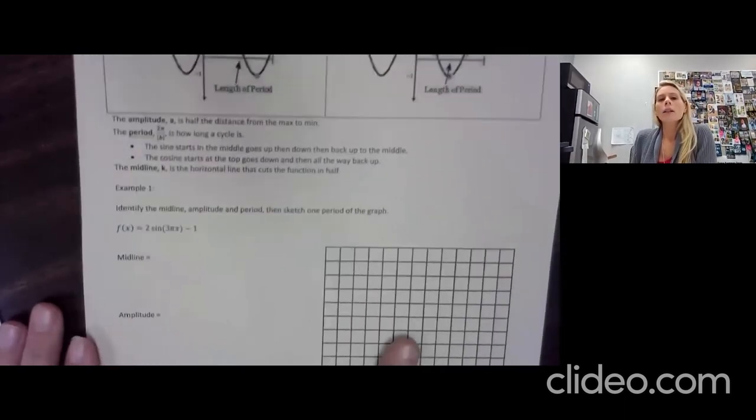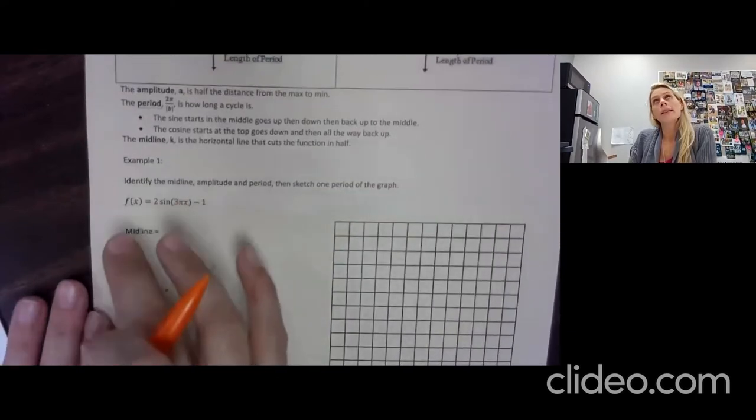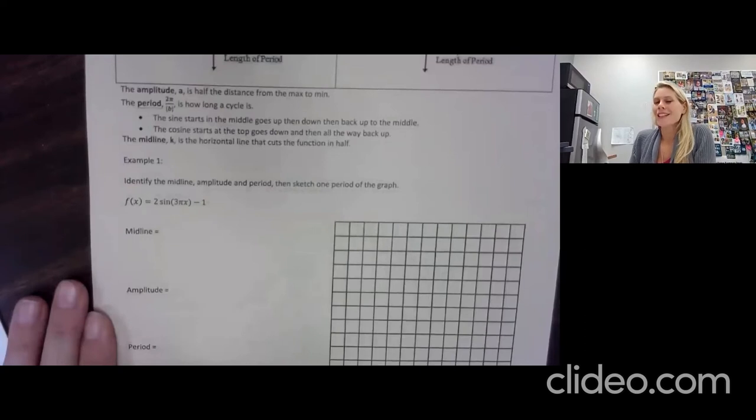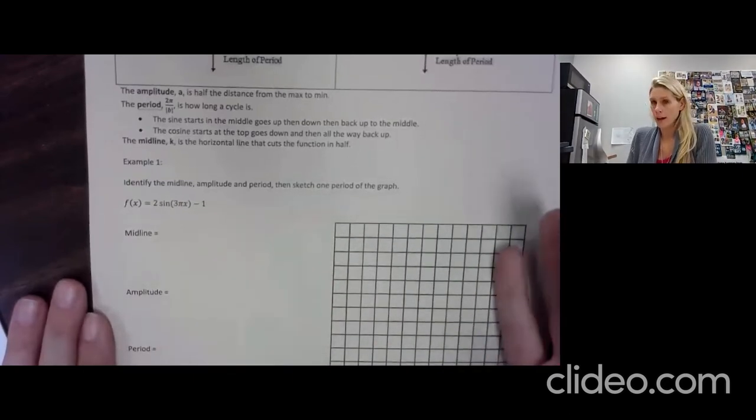Now, I'm going to show you how to break down these actual characteristics for each function, but then I'm going to show you how to graph. Some teachers use these characteristics to graph.